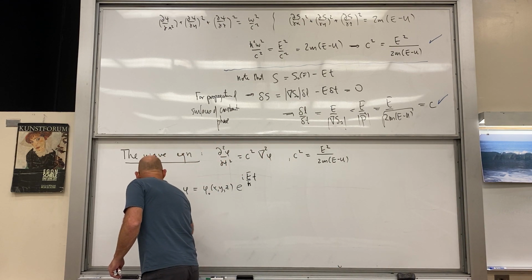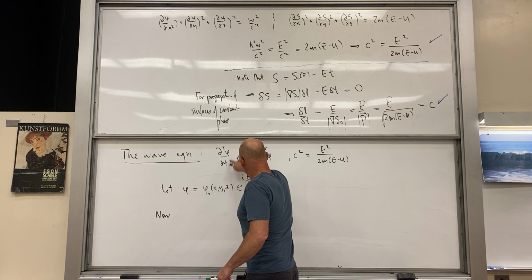And now we have d squared phi dt squared.